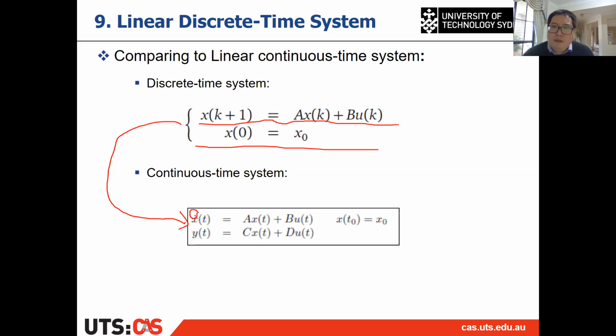So if you have a question giving you a control system and asking you to answer some questions, the first thing is you need to identify if it is a discrete time system or a continuous time system, and then you can choose the right conditions and the right equations to answer the question, right?